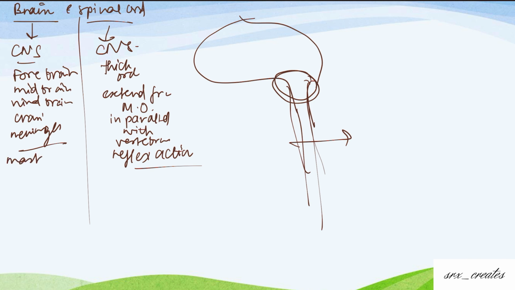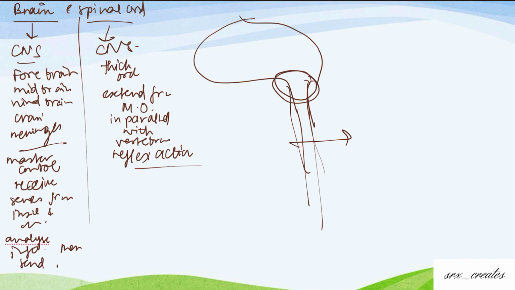Its function: receives senses from inside and outside, analyzes info, then sends messages to body to control its function and action. Done? I think we are done with this portion.